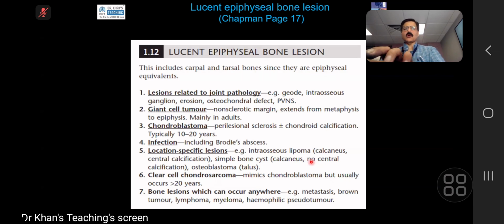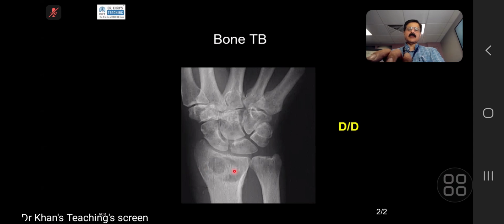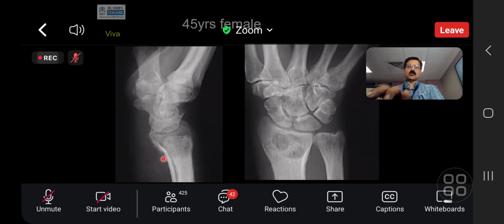tackle it. First of all, you described it very well. There is a lesion with a slightly wide zone of transition here. And then there is a bit of periosteal reaction. You did well. You commented that I feel that this radiocarpal joint space is also reduced. So perfect here.